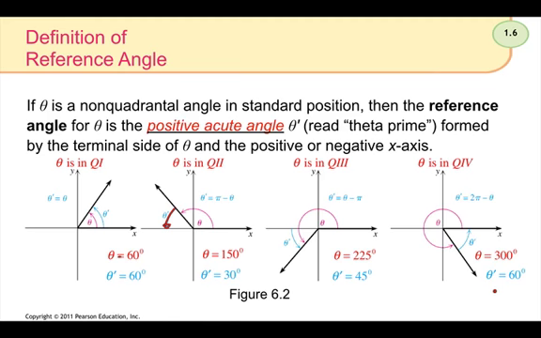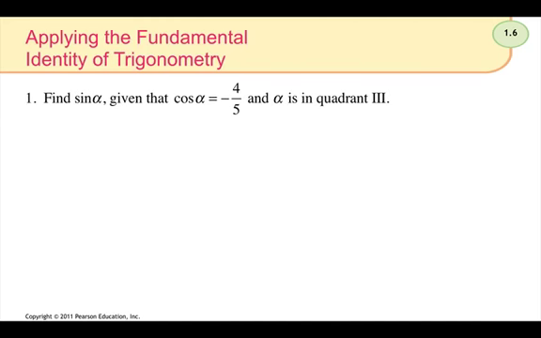Let's go to the next slide. Here's number 1. It says find sine of alpha given that cosine of alpha is equal to negative 4/5 and alpha is in quadrant 3. All this information is telling us that sine of alpha is less than 0, or negative, and this comes from figure 6.1. From here, we apply the Pythagorean identity, and I substitute cosine of alpha with negative 4/5.